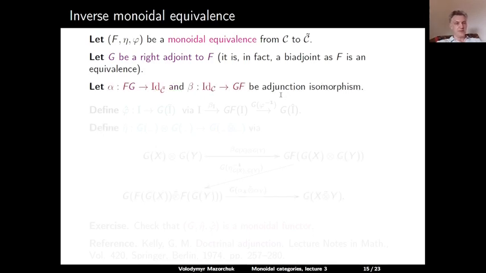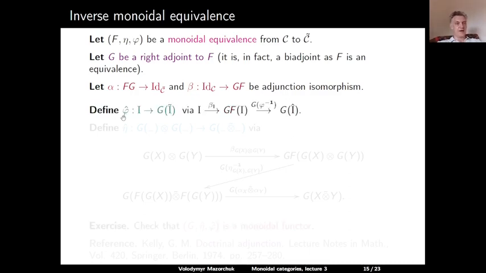So let alpha be the adjunction morphism from FG to the identity on C tilde. Let beta be the adjunction morphism from the identity on C to GF. So since F and G are inverse equivalences, alpha and beta are in fact isomorphisms.